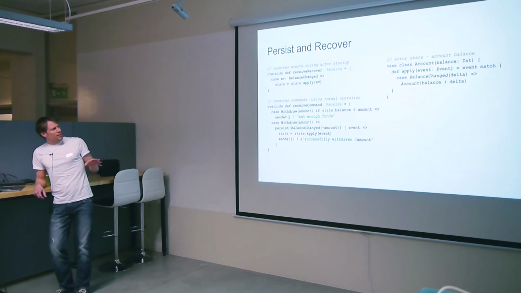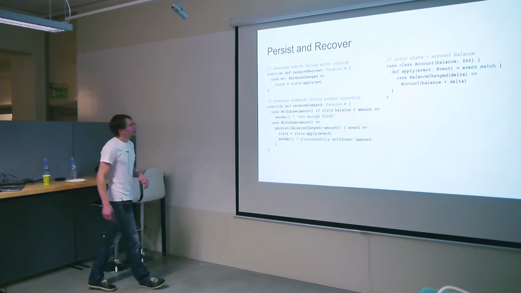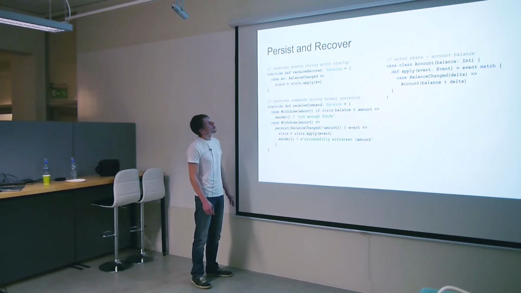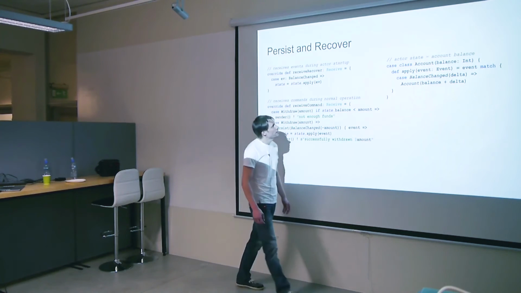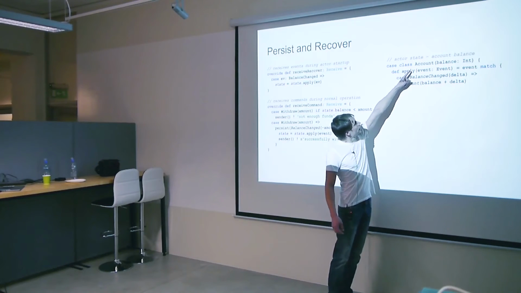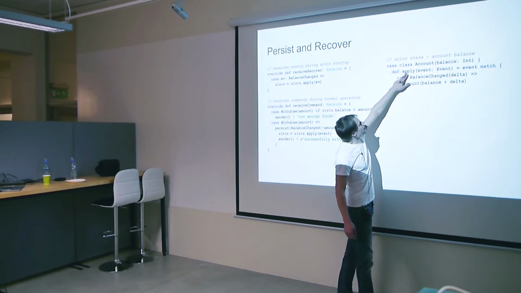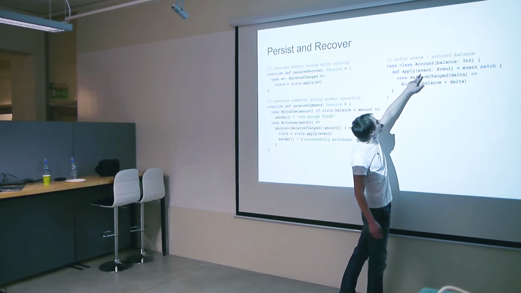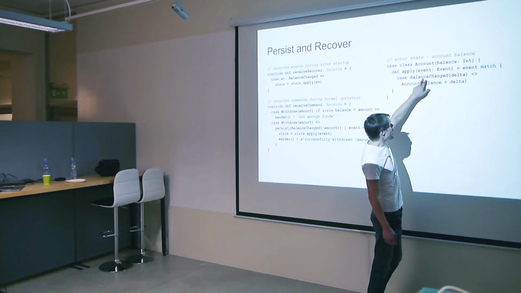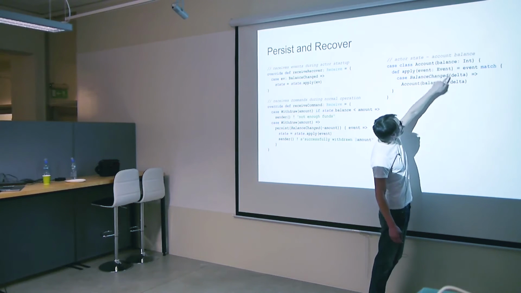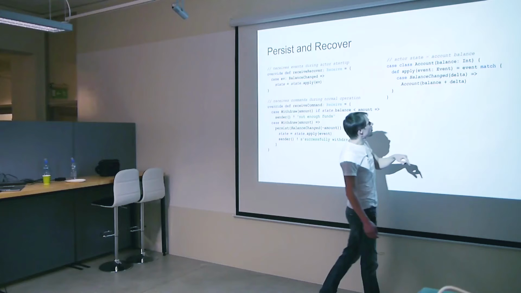This is the only slide with code in the whole presentation. I think having seen Akka interfaces, it's going to be easy for you to understand. This is the state of an application with one variable, balance. This is the application function of an event. If an event comes saying, hey, balance has changed, we change our balance by the amount we were instructed to.